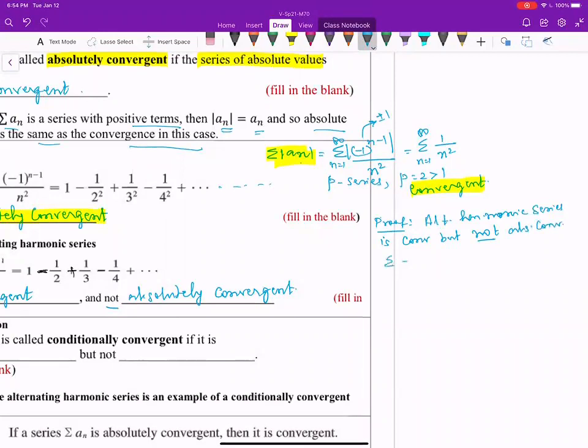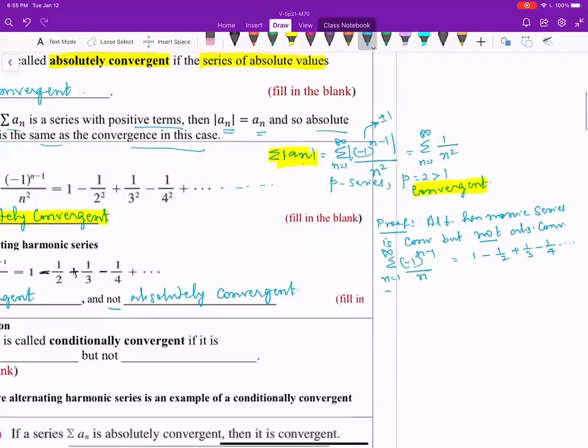So let's consider negative 1 to the power n minus 1 over n. If we expand, it's 1 minus 1 half plus 1 third minus 1 fourth. So it is an alternating series, so apply the alternating series test.